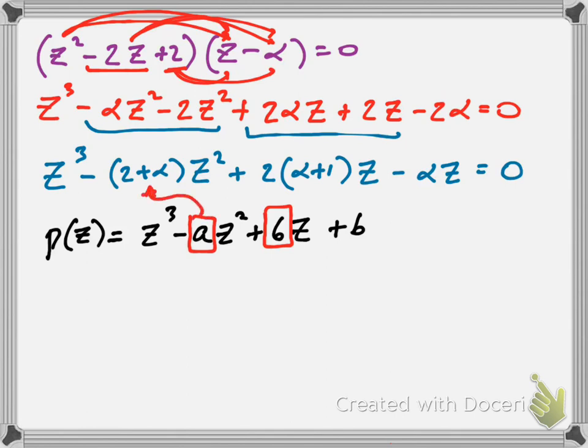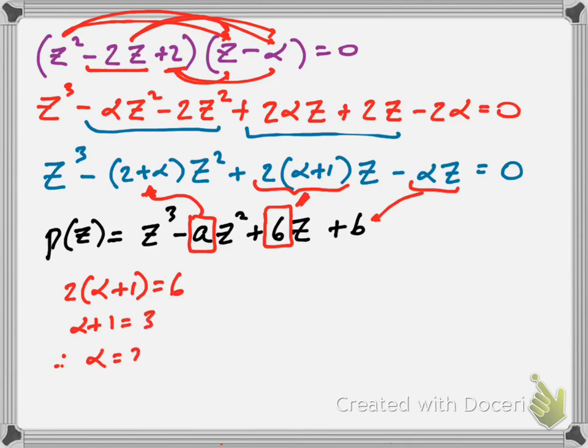The coefficient of z is 6, and that's something we can solve. We can use this particular scenario here, equate them and solve for alpha. So 2 plus alpha is equal to 6, so alpha plus 1 equals 3. Therefore alpha is equal to 2. Once we get alpha we can solve the rest of them.